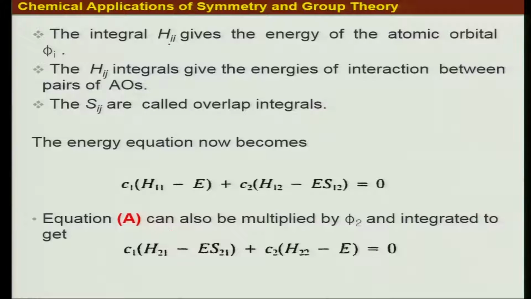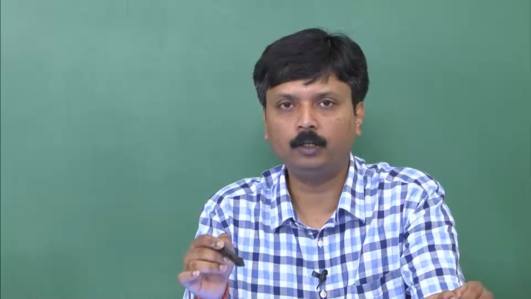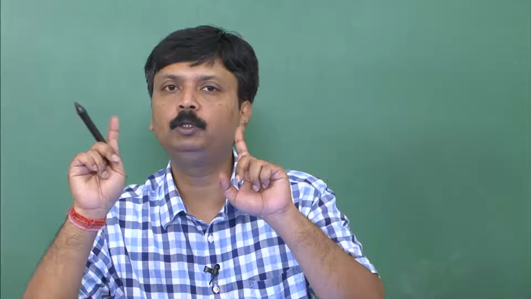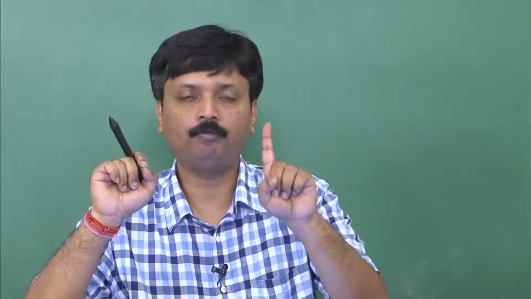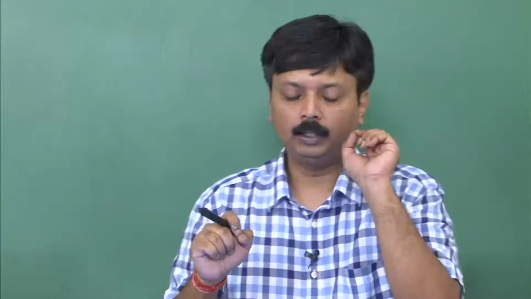So this Hii, which can be H11 or H22, meaning phi 1 H phi 1 integrated over d tau, or phi 2 H phi 2 integrated over d tau, gives the energy of the atomic orbital phi I, because here there is no interaction between two different atomic orbitals; it is the same atomic orbital with wave function phi 1 that I am considering.